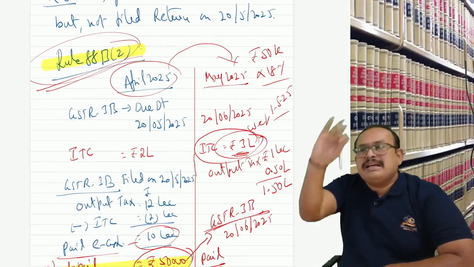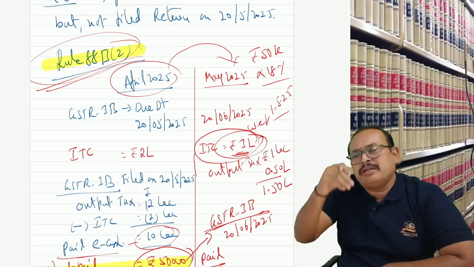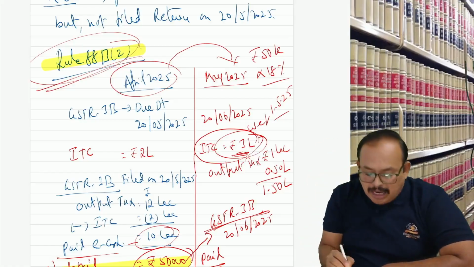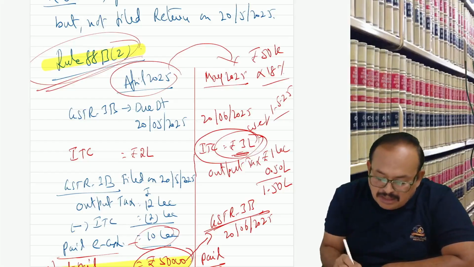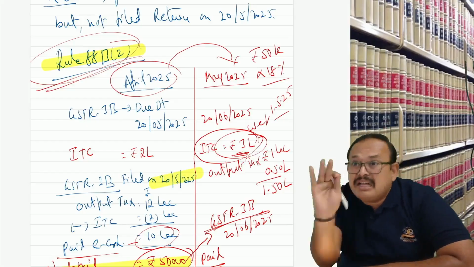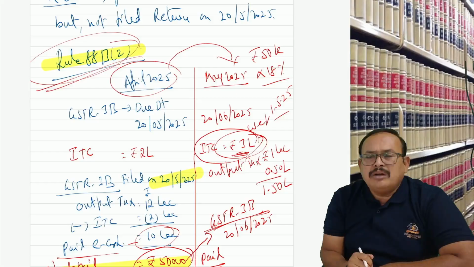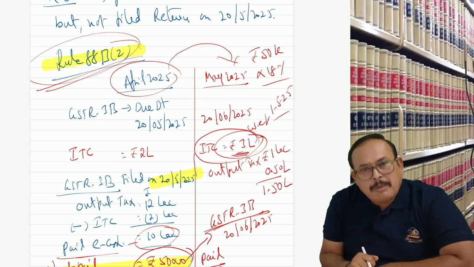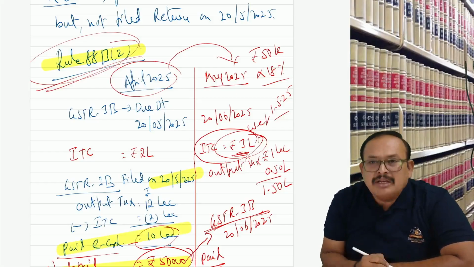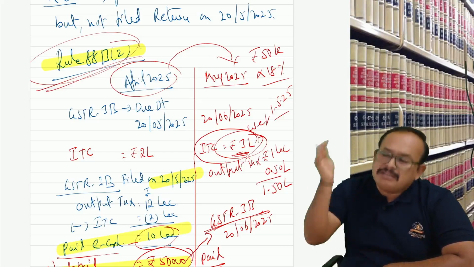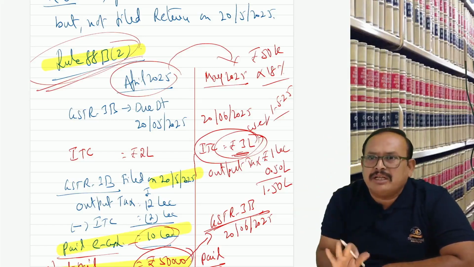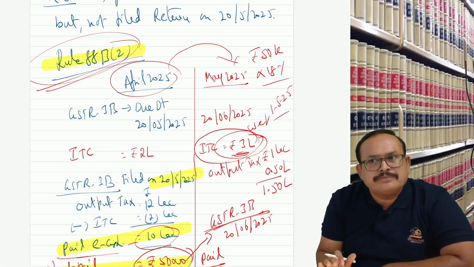I file the return on the due date, on 20th of May. If I file the return where I paid the tax, how much paid the tax? Electronic cash ledger, 10 lakhs. Electronic cash ledger, how much is there? Cash 10 lakhs only. I paid. Is that clear?